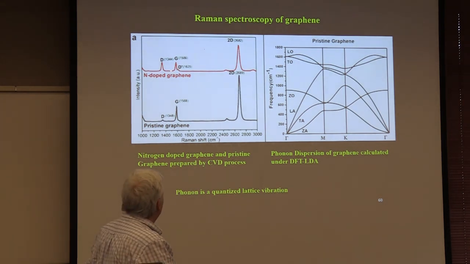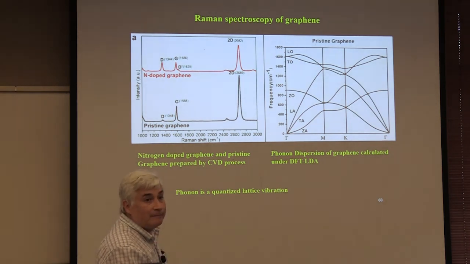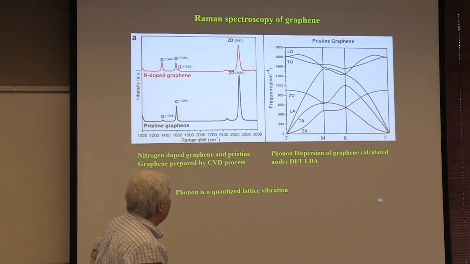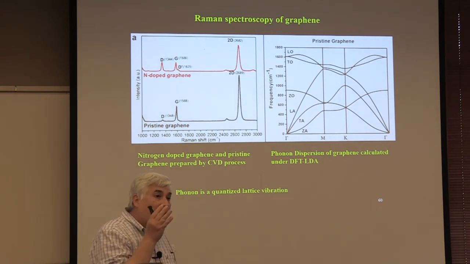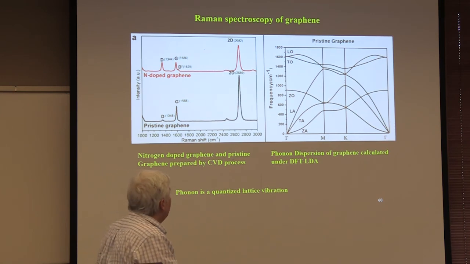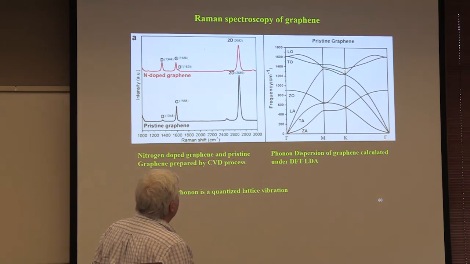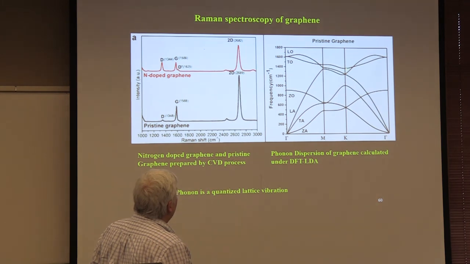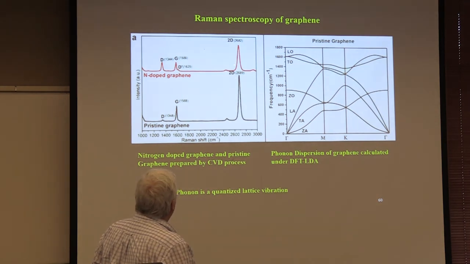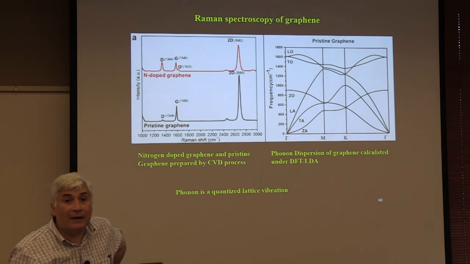And it turns out that these bands have to do with resonance processes. For a resonant process to take place, you need to use a particular excitation. So here, the D band is given by, in fact, this one, these phonons, gamma K. The 2D band is twice the D band, but the D band is caused by defects.